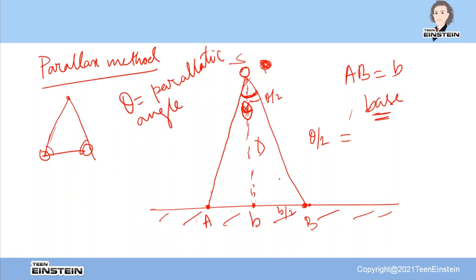I can write the arc length as b by 2, because I am writing for theta by 2, divided by the radial distance d. The 2 cancels from both sides, so theta will be b by d. I have to measure this distance d, so d will be b by theta, and you know this theta is very small.